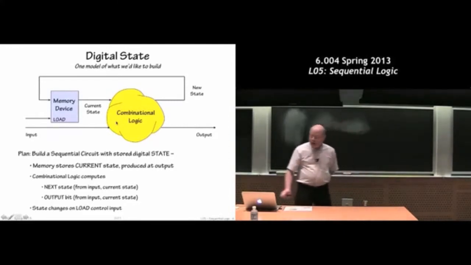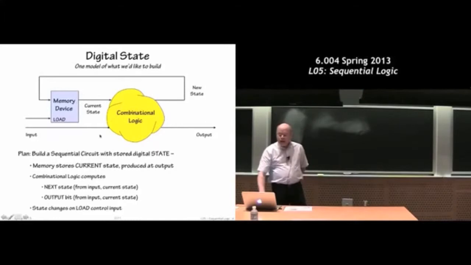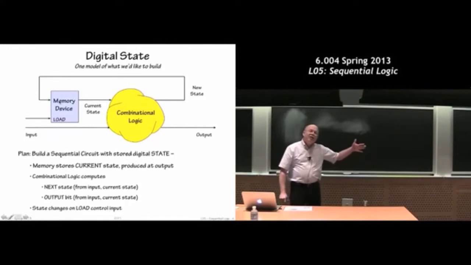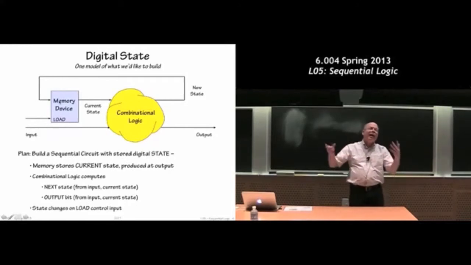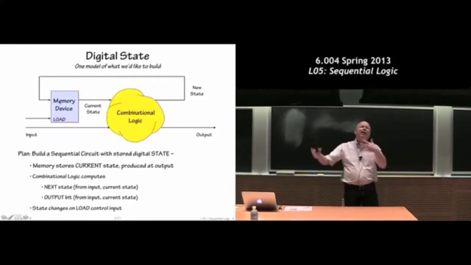But conceptually, they have something that holds the state and something that manipulates the state, combines the current state with the inputs, produces new outputs, and a notion of a new state. And then at a certain instant of time, we can choose to move to a new state. And then the whole process repeats again and again. We're going through a sequence of states.